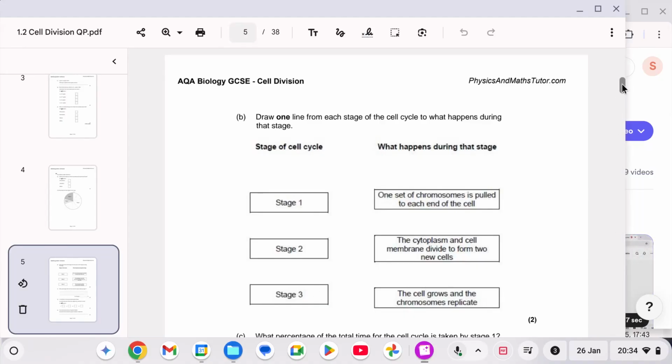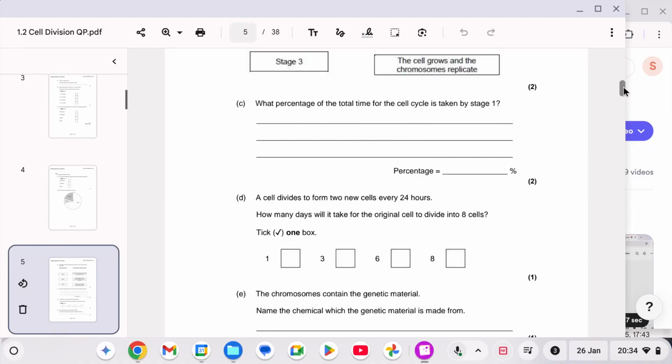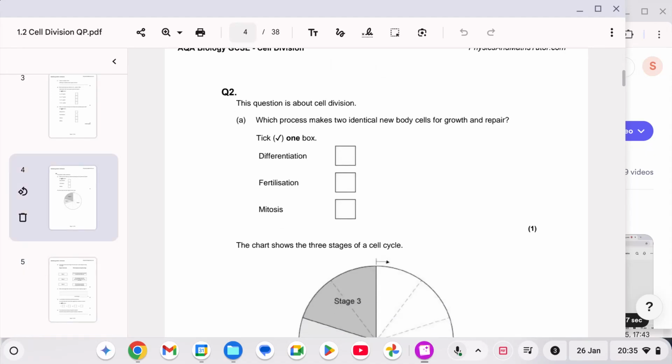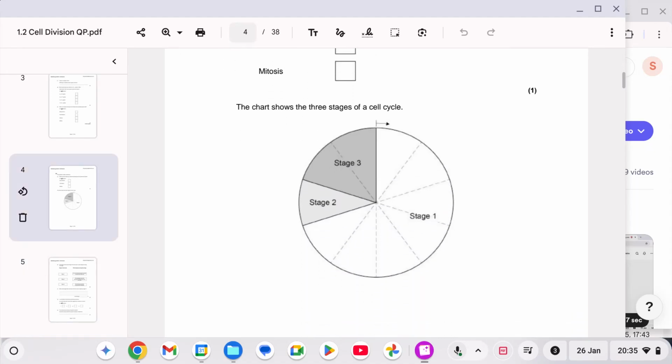Let's go down a little bit here. This next question. What percentage of the total time for the cell cycle is taken by stage 1? And this is 2 marks here. Okay, let's go back to the cell cycle and have a look. So we want stage 1. So we've got 1, 2, 3, 4, 5, 6, 7 sections out of 10.